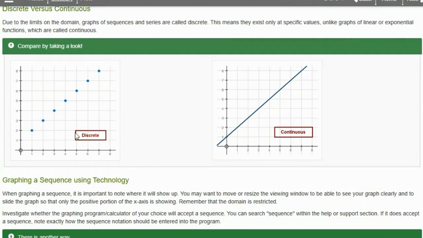With a discrete graph, the first term is 2, the second term is 3. There's nothing in between, because in a sequence, you have the first term and the second term and the third term, but you don't have any terms in between those. So that's why you graph it with only the points.